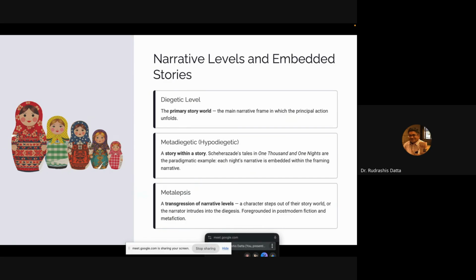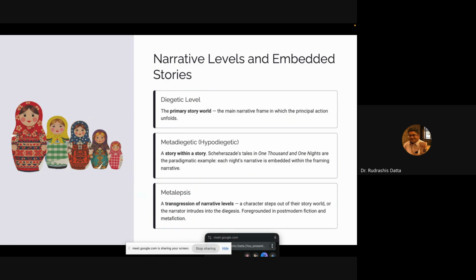It goes on progressing from one to the next. The hero is born, the hero grows up, then the hero is a young man, then the hero faces a lot of difficulties, then he marries, then he begets children, then he migrates to a different country to earn money, then there are complications, then he returns back home, and so on. This is a primary level narrative.